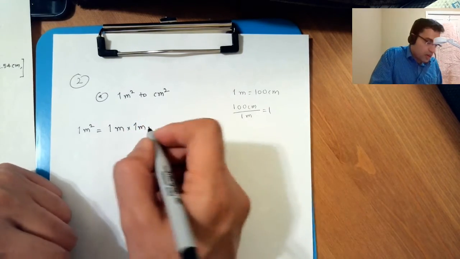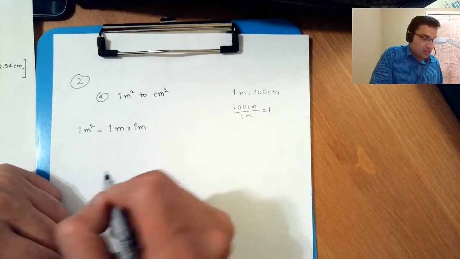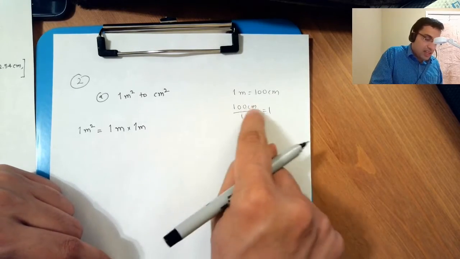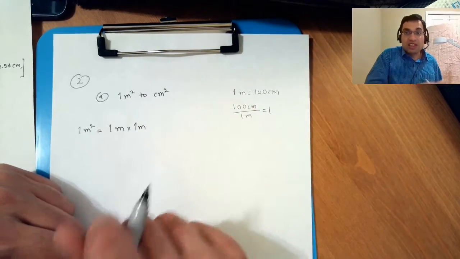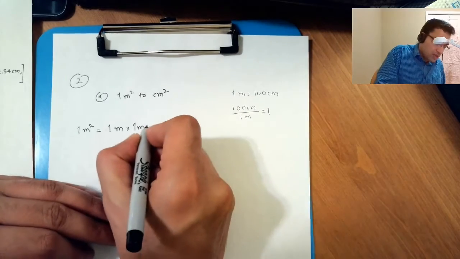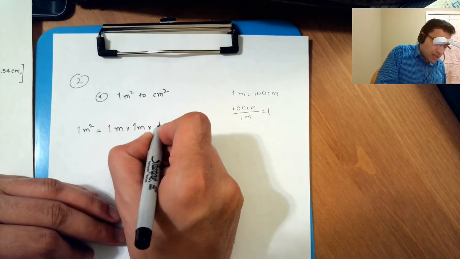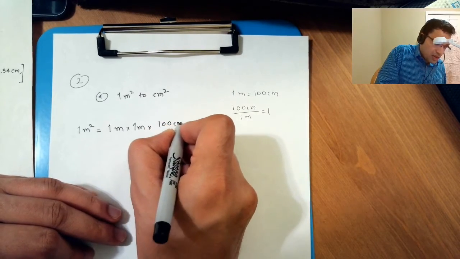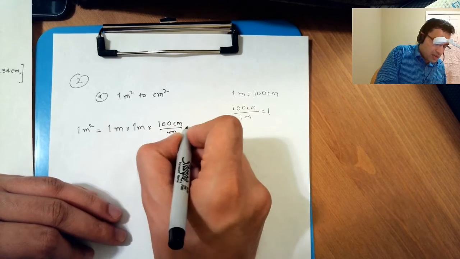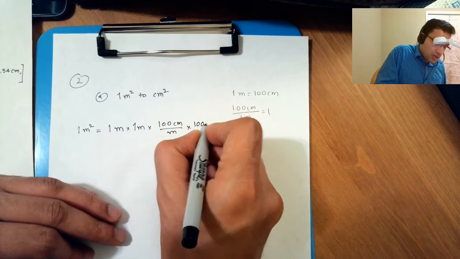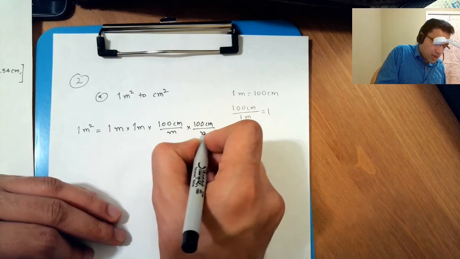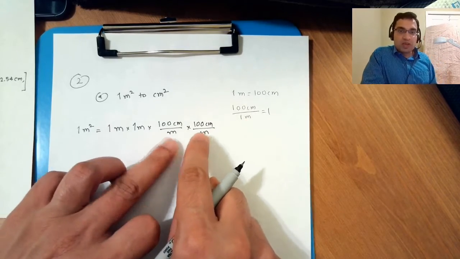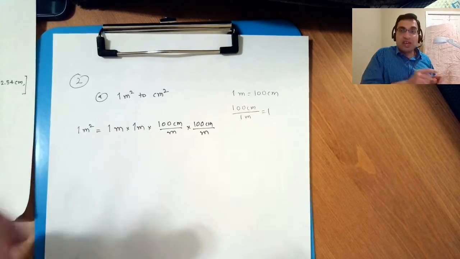I want to get rid of both these meters. So that means I need to have this factor twice, in multiplication twice. So I include it as 100 centimeter divided by meter times 100 centimeter divided by meter. You see, I multiplied it twice because I have two of these meters to get rid of.